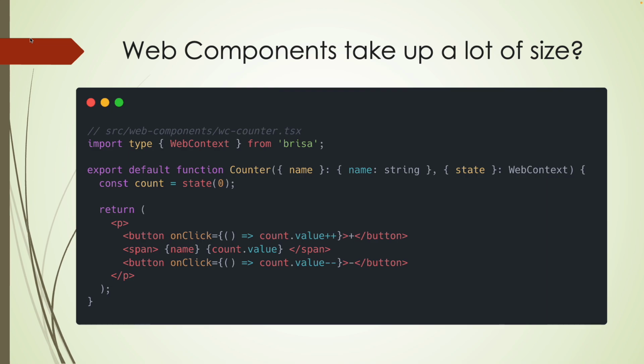And probably you are wondering, well, this code looks tiny, but I know that a web component is a class with some methods, and probably this is hard to mangle at build time. And after the build process, probably this code will be massive.